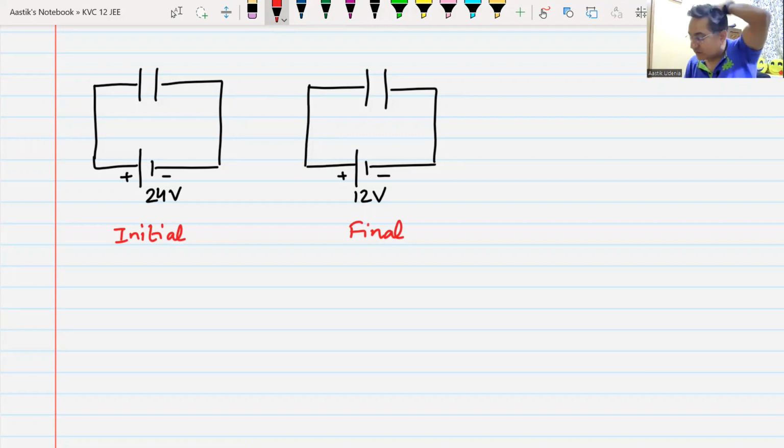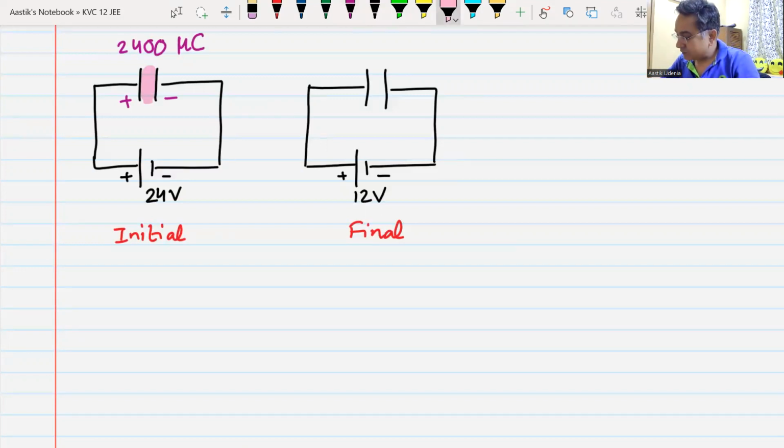Okay, now let us go ahead and give the answer. The only capacitor is this pink one. Initially this is positive, this is negative. What is the charge on this capacitor? 2400 microcoulomb, that is correct.